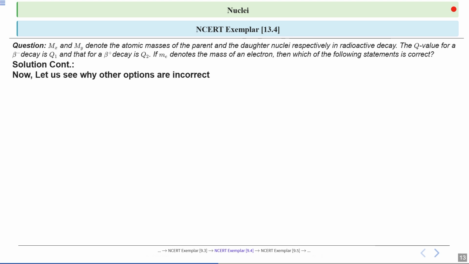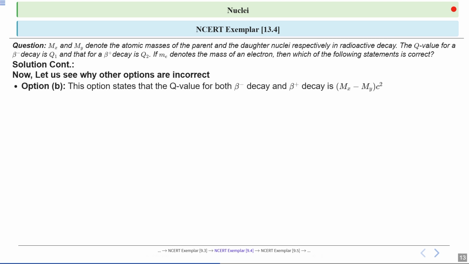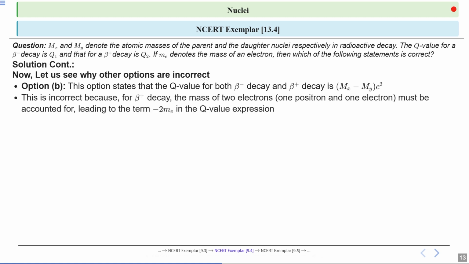Now let us see why the other options are incorrect. Option B states that the Q value for both beta minus decay and beta plus decay is capital Mx minus capital My C square. Let's see why option B is incorrect. In beta minus decay, Q1 is equal to Mx minus My C square.